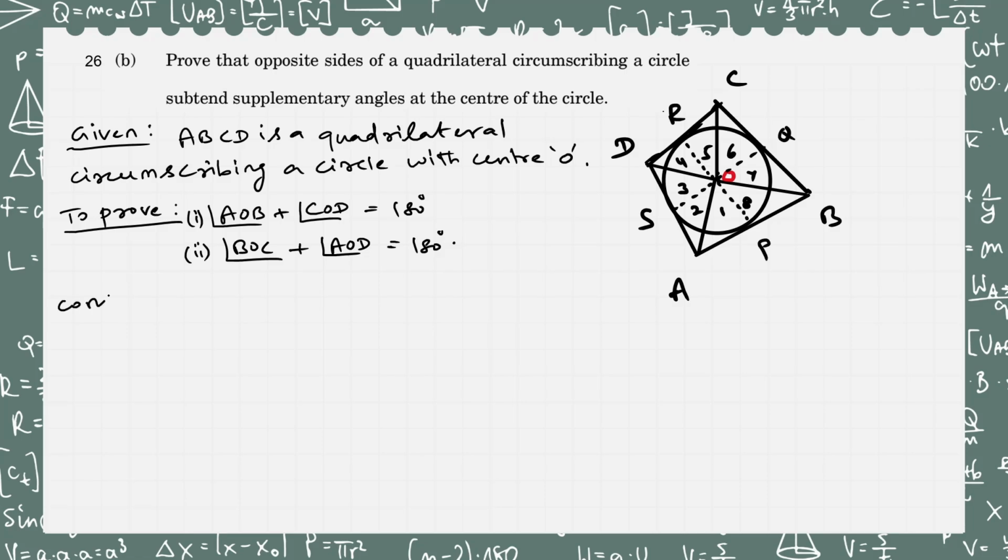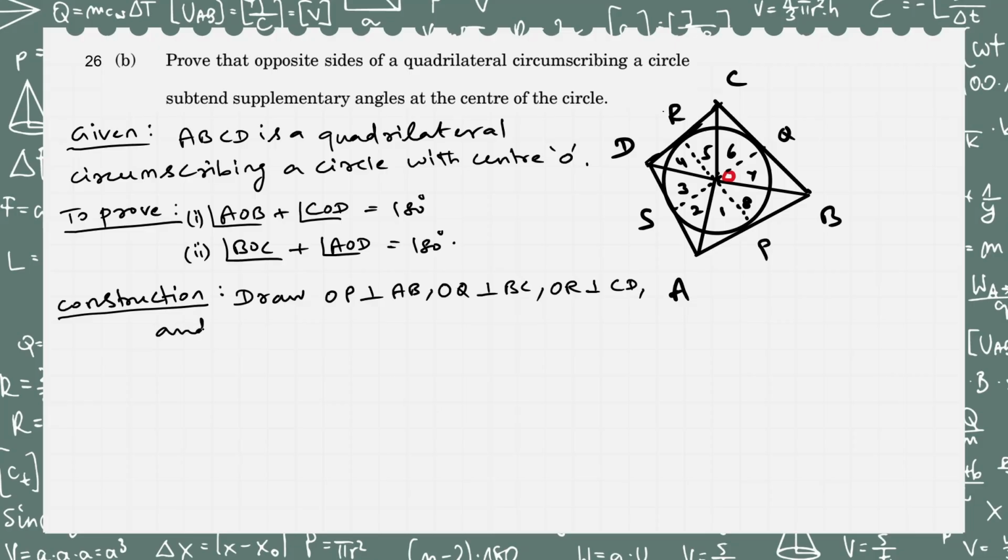So if there is any construction, we have to mention that without fail. So construction is draw OP perpendicular to AB, OQ perpendicular to BC, OR perpendicular to CD, and OS perpendicular to AD.